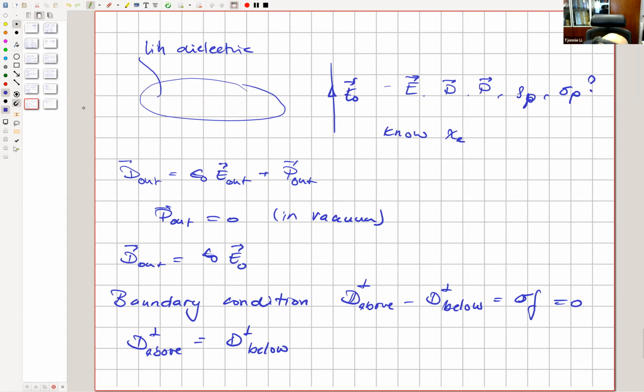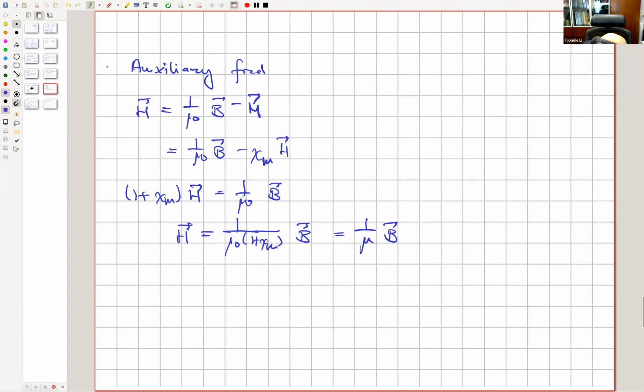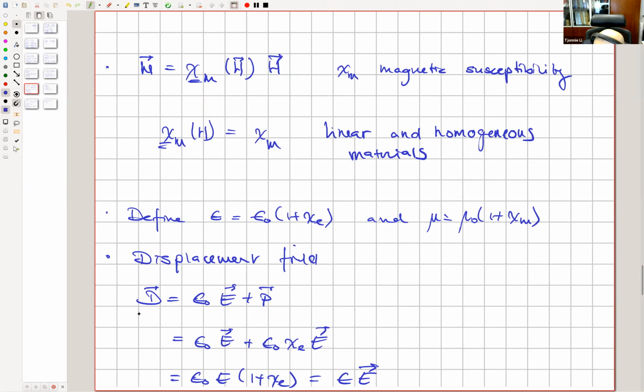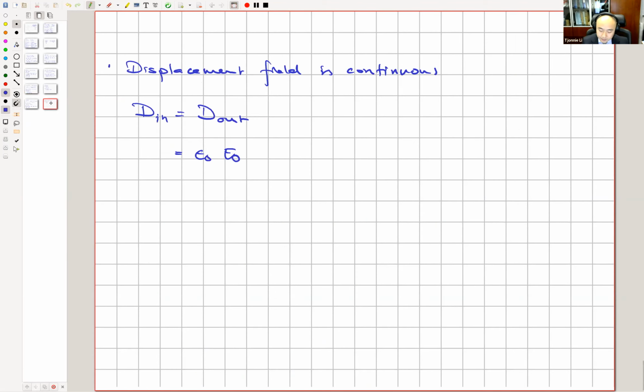In this case, I can relate D simply to E using epsilon, where epsilon is epsilon naught times 1 plus chi E, with chi E the electric susceptibility. So D on the inside is epsilon E on the inside.